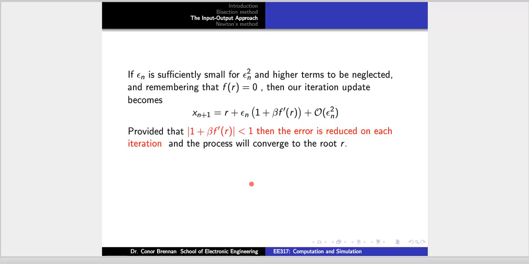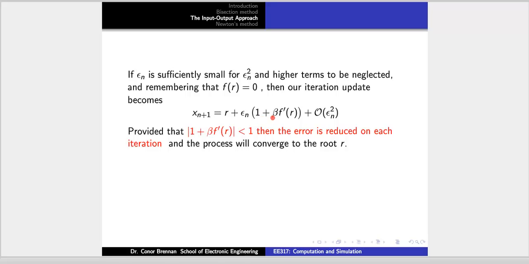So we've learned something. We're trying to find the value of beta such that our new estimate will have a smaller error than our previous estimate. So our new estimate, x n plus 1, is equal to our answer, r, plus this expression here, which is effectively the new error, and a whole bunch of little small things we're going to ignore. So this here is effectively the new error after a step.